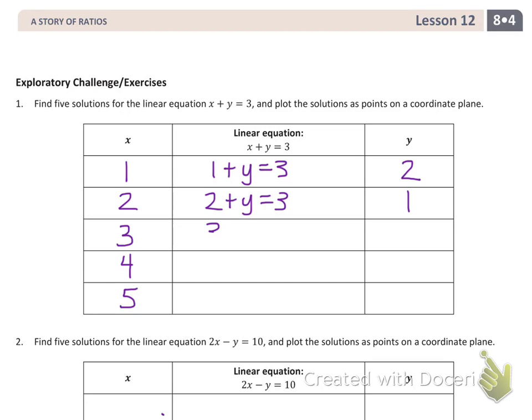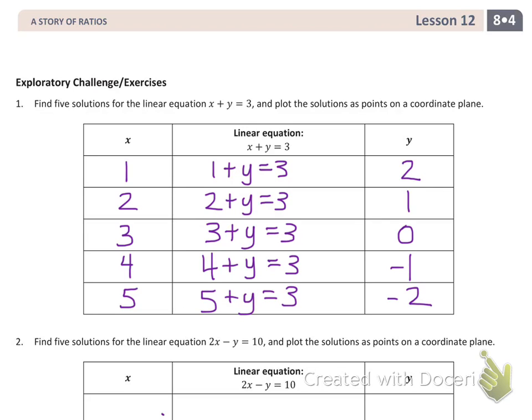If x is 3, then I have 3 plus y equals 3, so y has to be 0. If I have the equation 4 plus y equals 3, and you can't see exactly what that would be, subtract 4 from both sides, and you end up with negative 1 for y. And then using 5 plus y equals 3, y would equal negative 2.